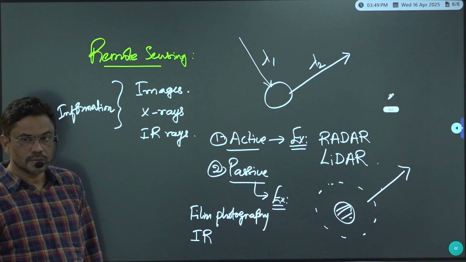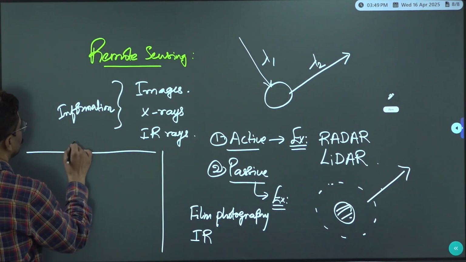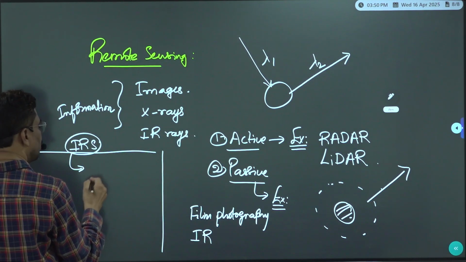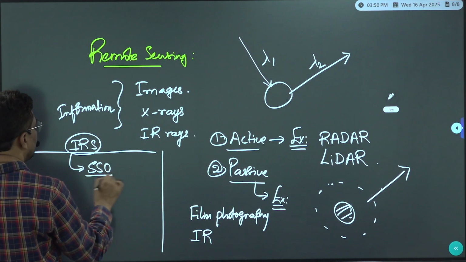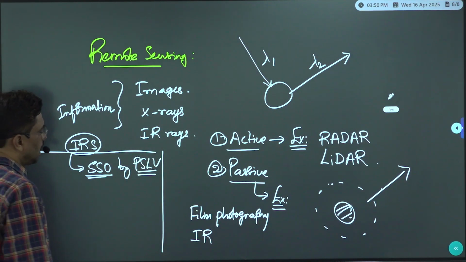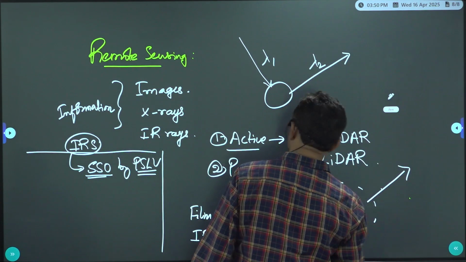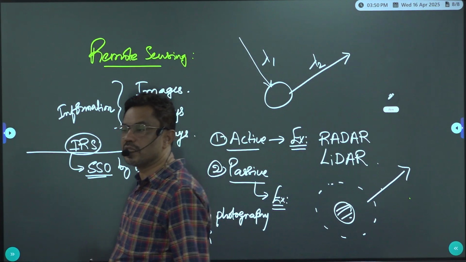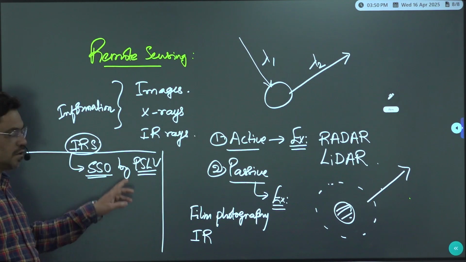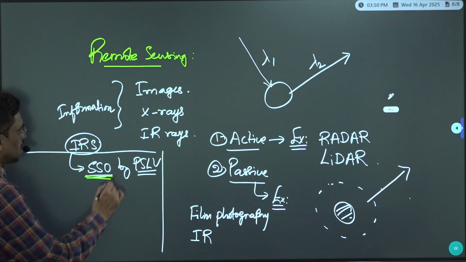These remote sensing satellites are called IRS satellites. Indian Remote Sensing satellites can be launched with the help of the PSLV rocket, Polar Satellite Launch Vehicle, into SSO, sun synchronous orbit.